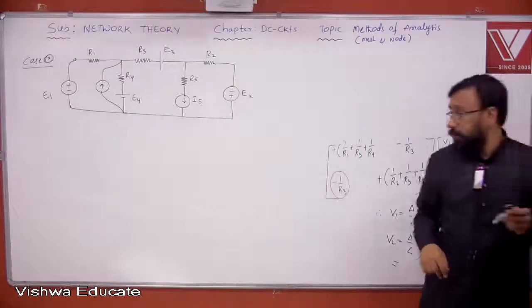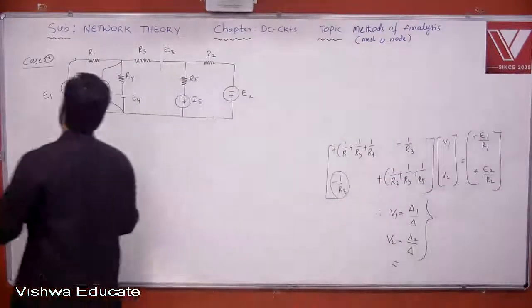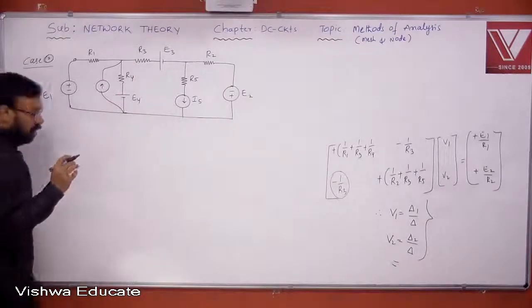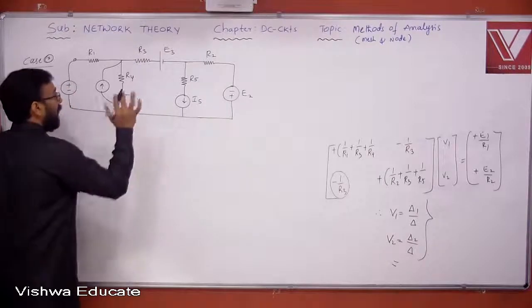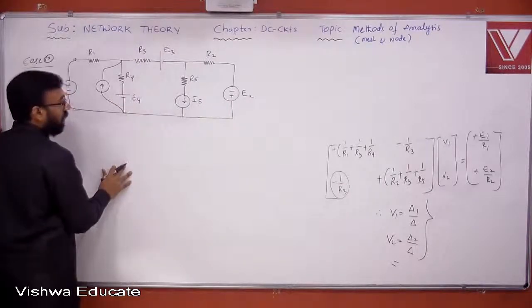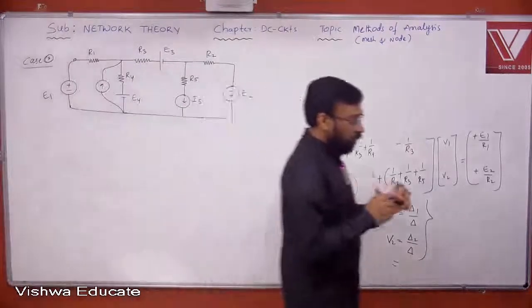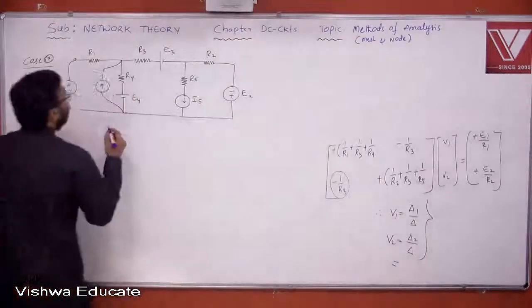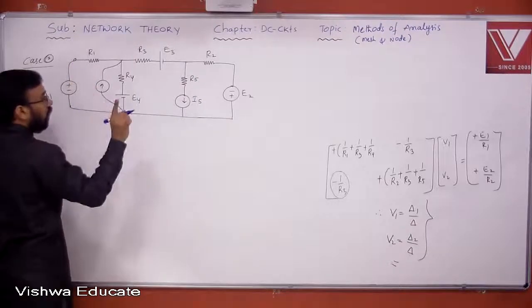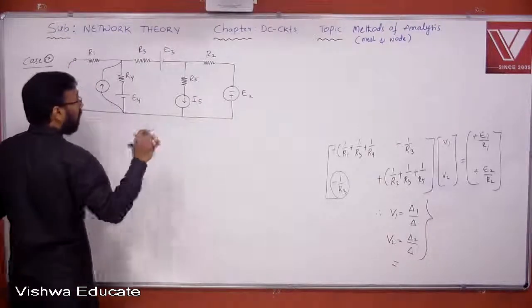Now here, look at this. How many nodes are there? Minimum number of nodes required to analyze this network, tell me, how many are there? Degree 2, not required. What is the minimum degree you require? 3.